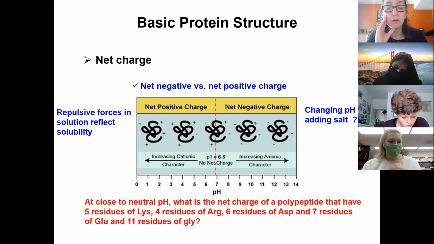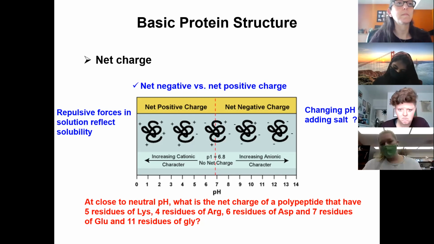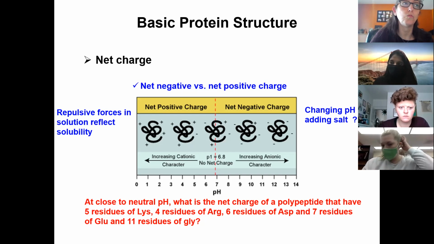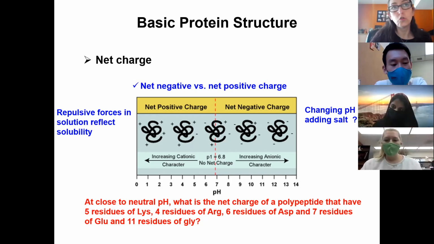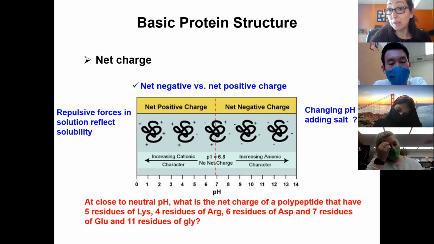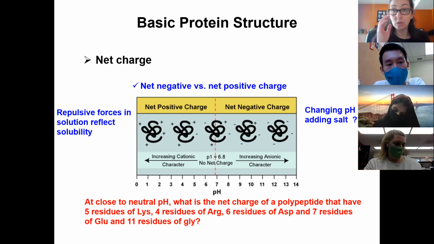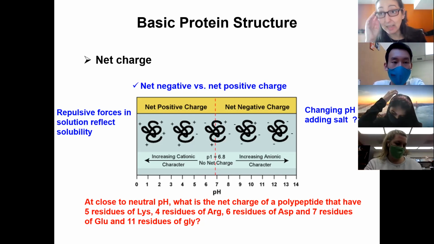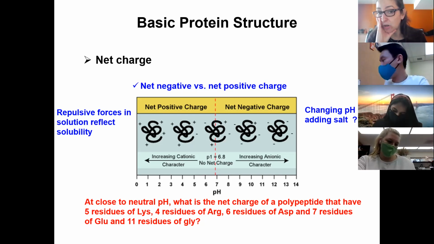What about glycine? What charge does glycine carry around neutral pH? No net charge. No charge, theoretically, right? For simplicity, I'm just illustrating that the composition impacts the charge.